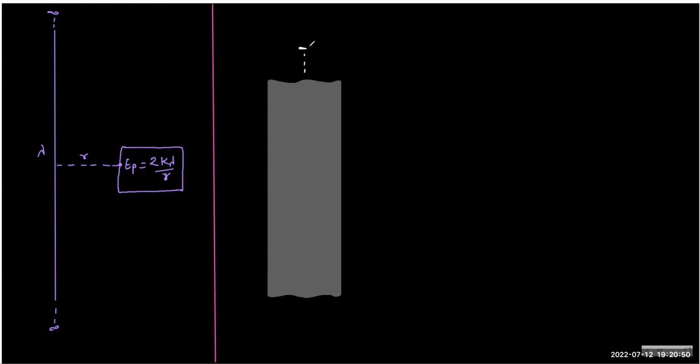It is infinite lengthwise, but not widthwise. The finite width is given as b. Now because it's a sheet, it will have a surface charge density.